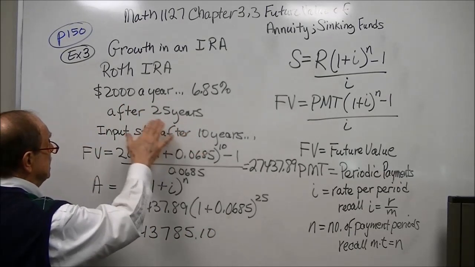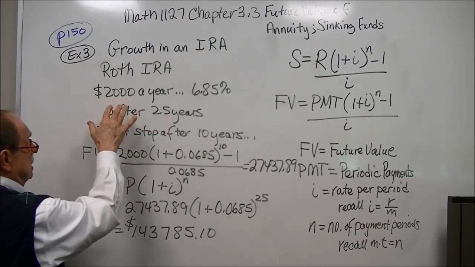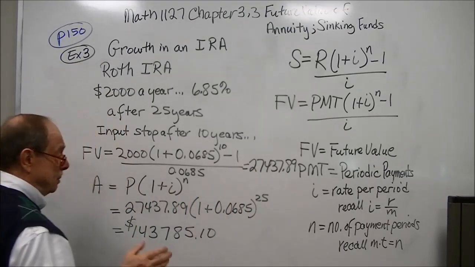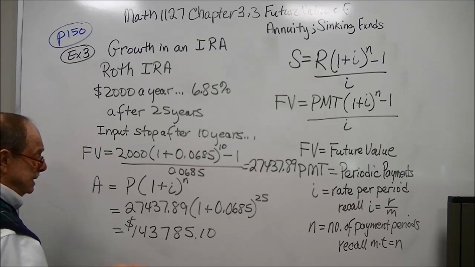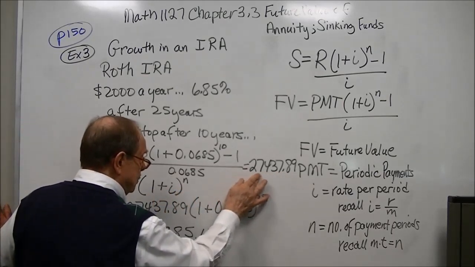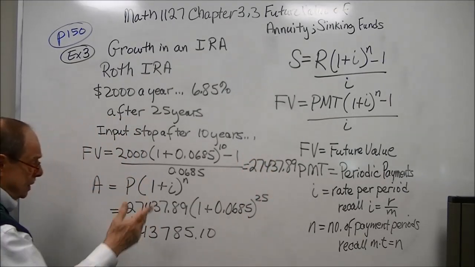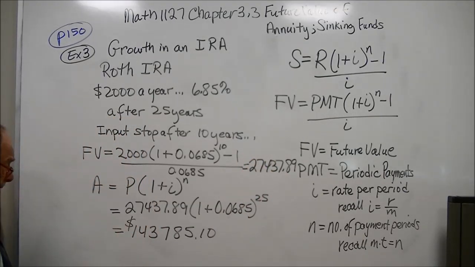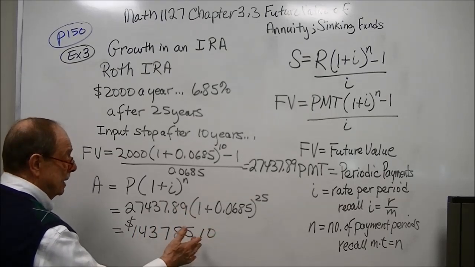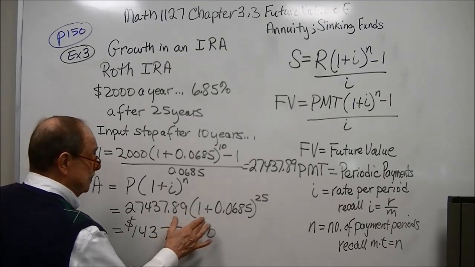So in these 10 years, the $20,000 became $27,000. But now watch what that did when he just had this original amount of $27,437.89 that he invested, that he kept in there. And again, this is all tax-free.